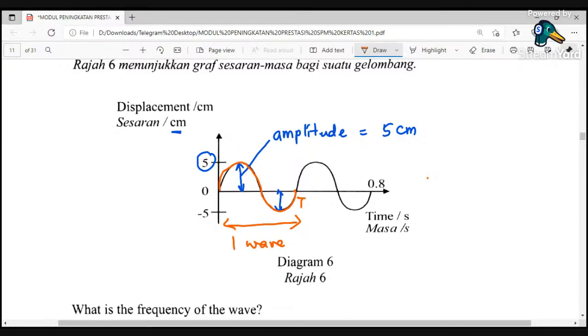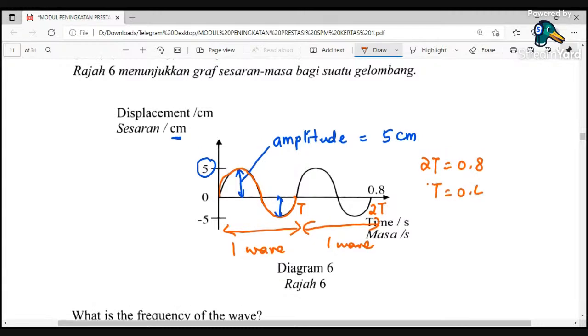This is one, and we have one more here. So number of wave ya, kita ada dua wave. Maksudnya sini ialah 2T. Okay, period 2T equals to 0.8. So period ialah 0.4 second. Kalau dia bagi di sini terus baca sajalah. Sebab dia nak calculate, dia kena calculate lah.